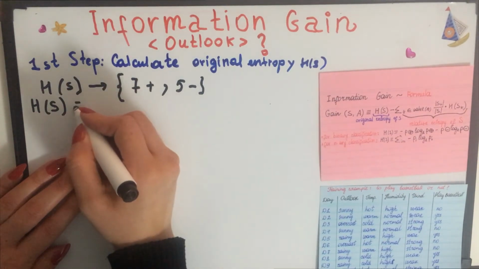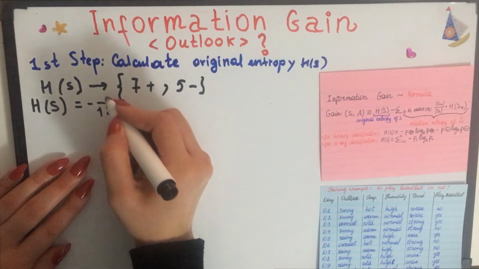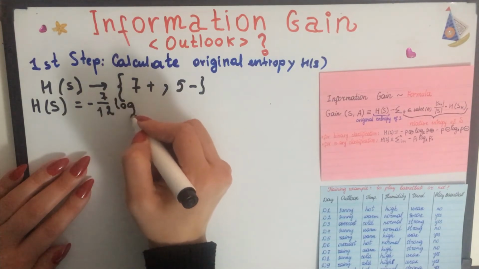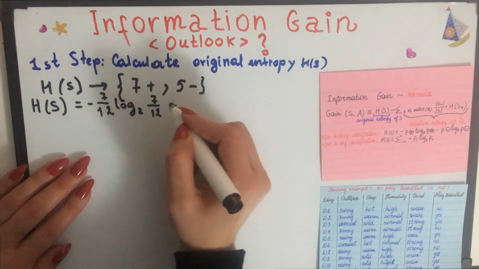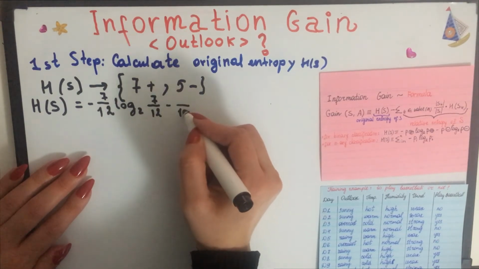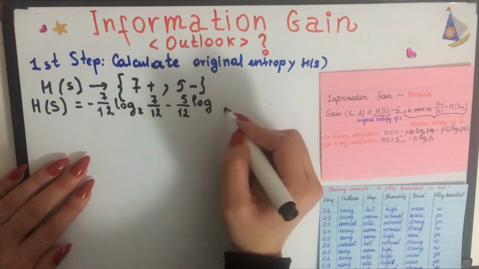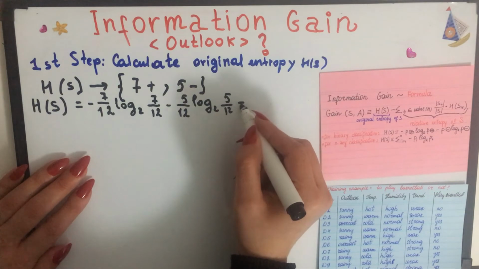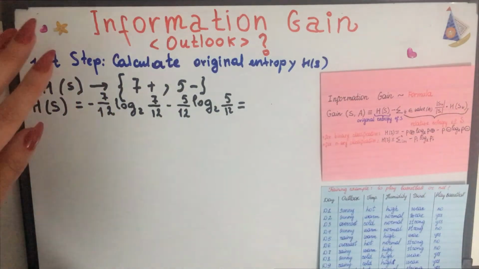And now we are applying the formula. H of S equals minus 7/12 logarithm of 7/12 to the base of 2 minus 5/12 logarithm of 5/12 to the base of 2. According to my calculation, the answer is 0.9799. Why do we have those numbers in the calculation?